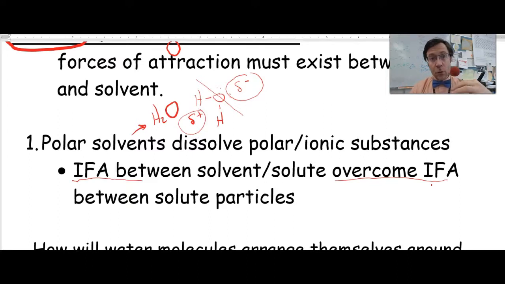They get overwhelmed by the intermolecular force of attraction between the solvent and the solute, which is why sometimes some things dissolve and some don't. It's all a matter of the relative strength of the intermolecular force of attraction, or those ionic bonds, as compared to the solvent-solute attraction. And if the solvent-solute force of attraction is greater than or can overwhelm those ionic bonds, off it goes and it totally dissolves. You understand what I'm saying?